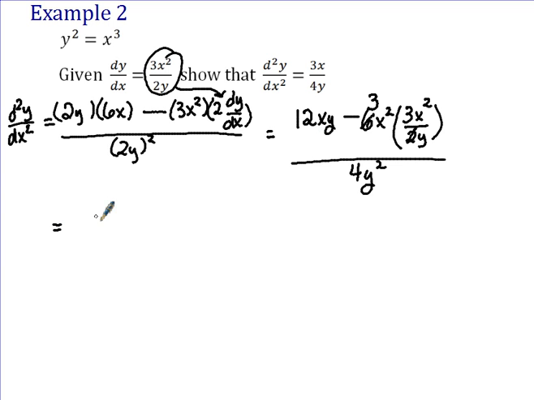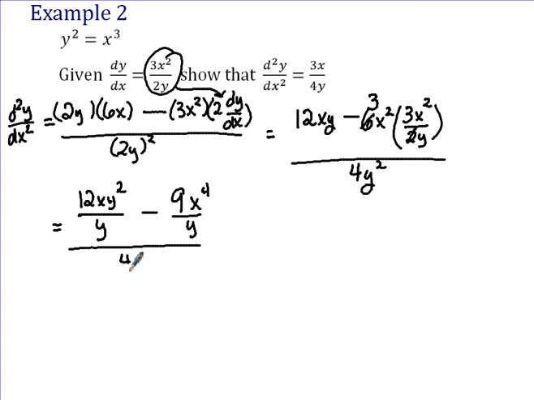So I want to give the first term a denominator of y, which would make its numerator 12xy squared instead of just 12xy. We're going to multiply numerator and denominator times y so that we have that common denominator. Minus, I have 3x squared times 3x squared, which would be 9x to the 4th over y. And then this is all over 4y squared.